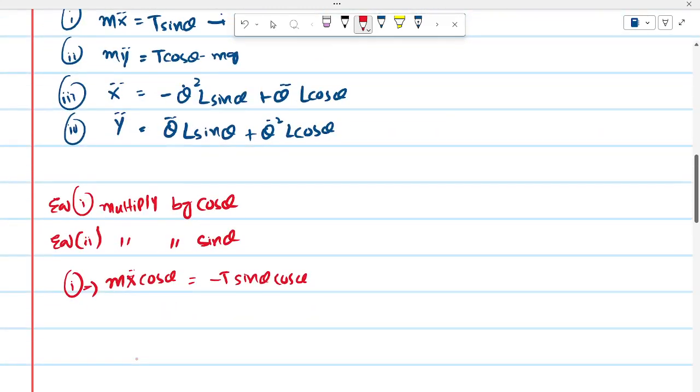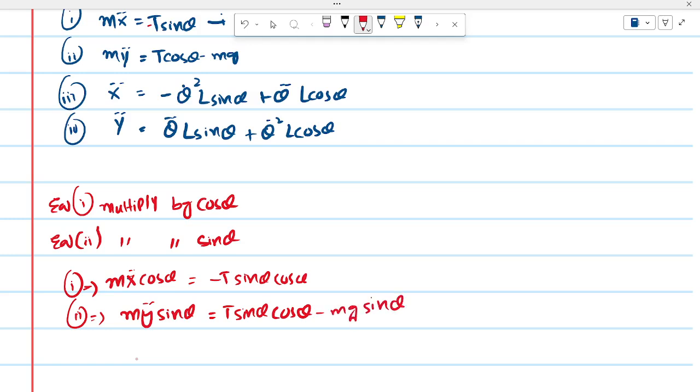That was minus here. And for equation 2 it will become m y double dot sine theta equals T sine theta cosine theta minus mg sine theta.